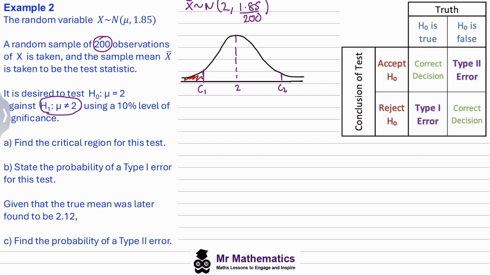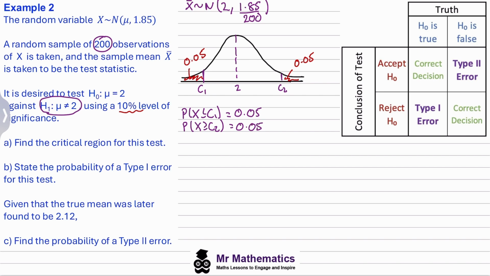The two tails will have a probability half of the significance level, so 0.05 for each of them. So the probability of x being less than or equal to C1 and the probability of x being greater than or equal to C2 must both be equal to 0.05.